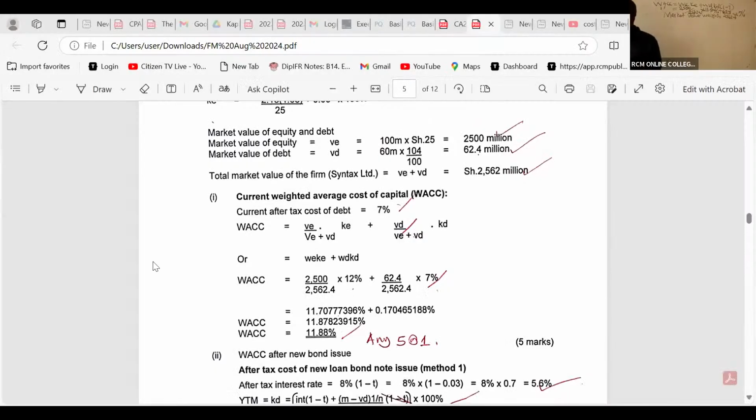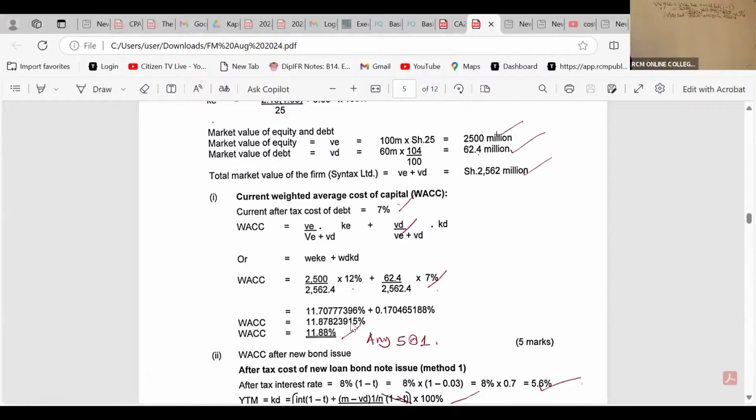And normally we are very fair. I'm telling you, in terms of marking, you should never blame the marker. You can see, like now here we say 85 percent. But even if you are just getting, in this case, your current after-tax cost, mention 7% like that. You have this formula, WACC, and then the substitution, you're getting a mark.